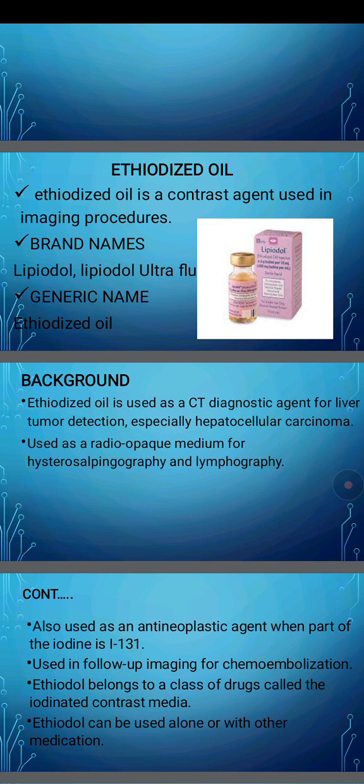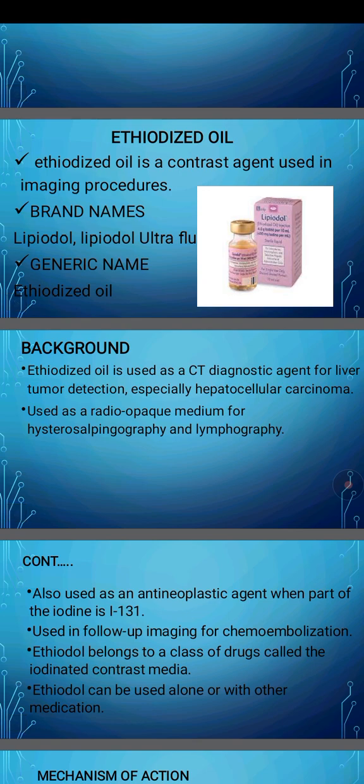Going on to the background of the drug, ethiodized oil is used as a CT diagnostic agent for liver tumor detection, especially hepatocellular carcinoma. It is used as a radio-opaque medium for hysterosalpingography and lymphography.